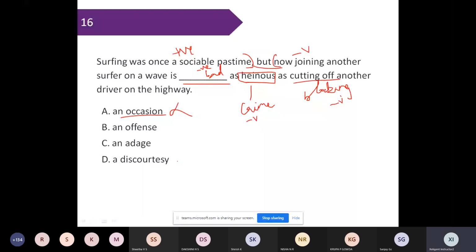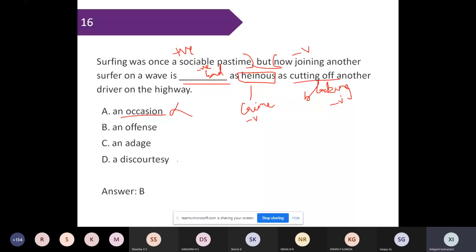Now, what is the correct answer? We have the word heinous. Heinous means crime. Then what would be the most appropriate word? Yes, the most appropriate word is option B, offense. It's not discourtesy. Discourtesy is just showing attitude or excessive attitude in your behavior, changes in your behavior, that is discourtesy.